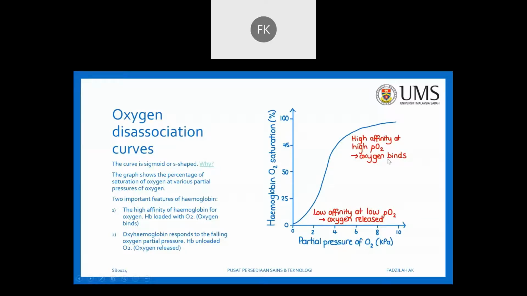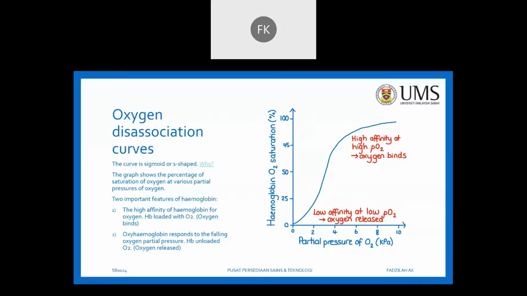Okay, two important features of hemoglobin. The high affinity of hemoglobin for oxygen. Okay, when there is oxygen, hemoglobin tends to bind to it. That is called oxygen binding. Oxyhemoglobin, when you bind oxygen to hemoglobin, you have oxyhemoglobin. So this oxyhemoglobin complex responds to the falling of oxygen partial pressure.